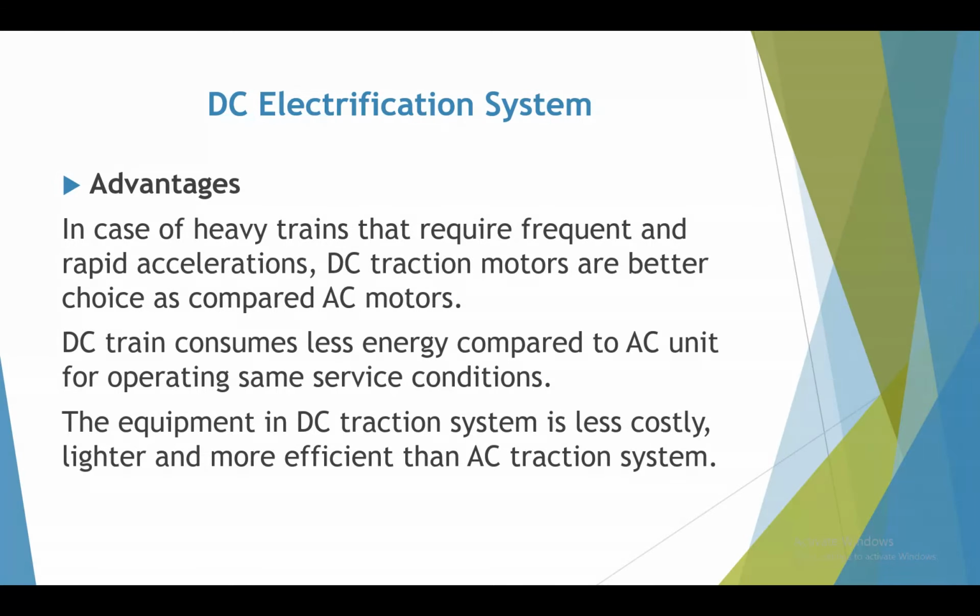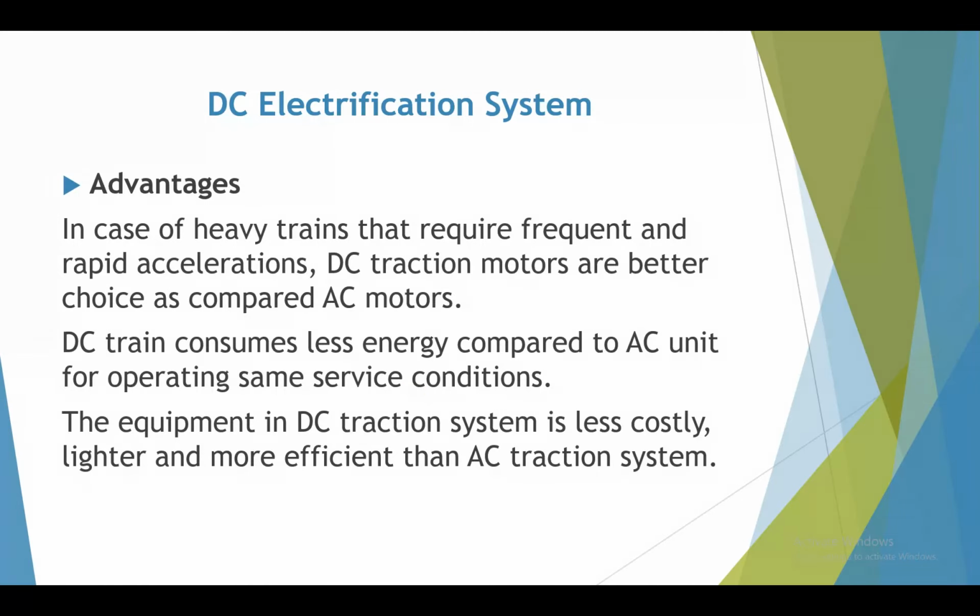The advantages of the DC electrification system: in the case of heavy trains that require frequent and rapid acceleration, DC traction motors are a better choice as compared to AC motors. DC trains consume less energy compared to AC units for operating under the same service conditions.